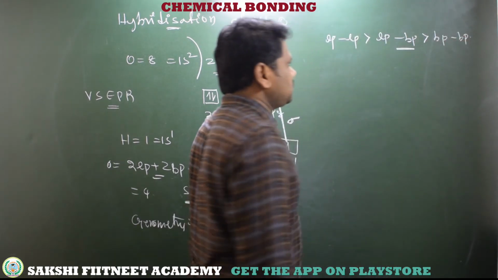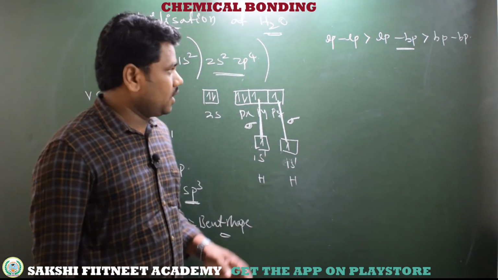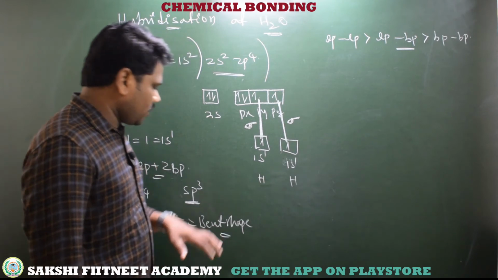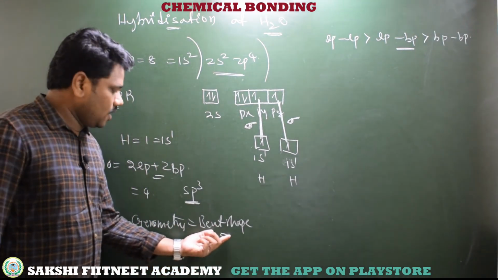To avoid these repulsions and get more stability, the orbitals arrange in a particular way, and that particular structure is called geometry. So the water molecule, with 2 lone pairs and 2 bond pairs, gives a bent shape.